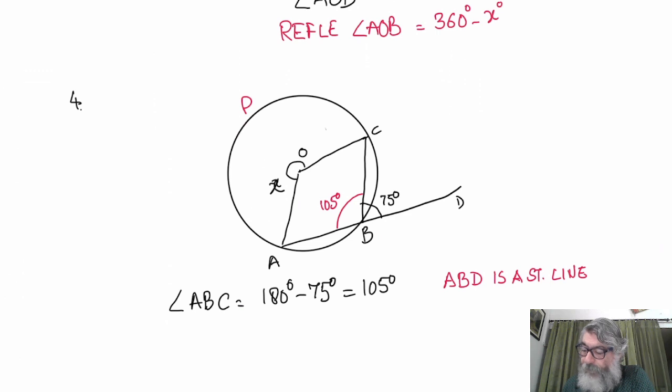So I would say reflex angle AOC is double of angle ABC.